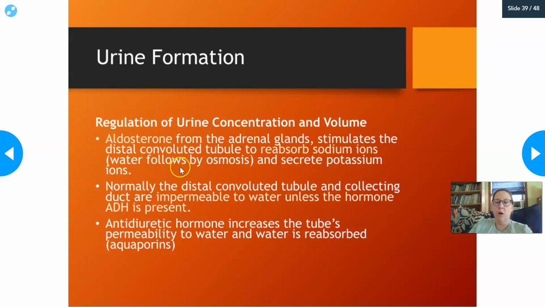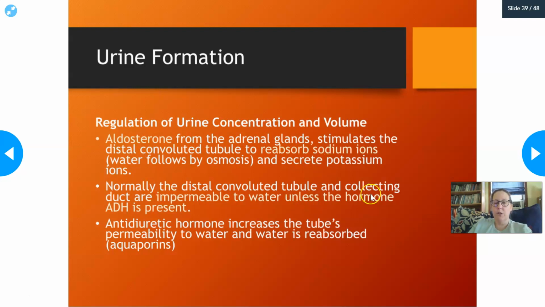And then, of course, water will follow the sodium. And so if you're producing a lot of aldosterone, you'll chronically have low potassium levels. You'll cramp more maybe, and then you'll also maybe retain fluid a lot. Those are all possibilities. Have high blood pressure if you have a lot of aldosterone floating around.